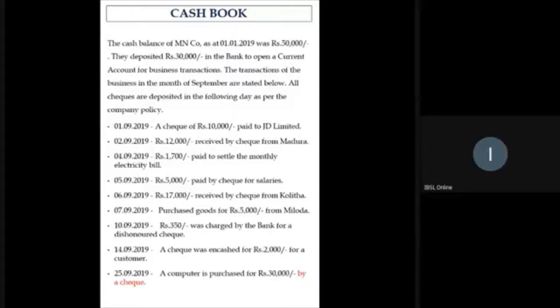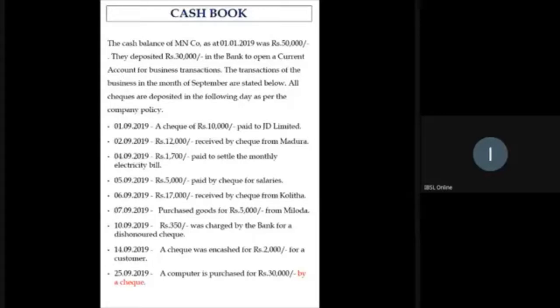So now this current account is going to be your bank account. What does this information give us? That a cash book is going to be there, which is going to be a double column cash book, because you have cash as well as a bank account. So you need to show both the columns, the cash column and the bank column.